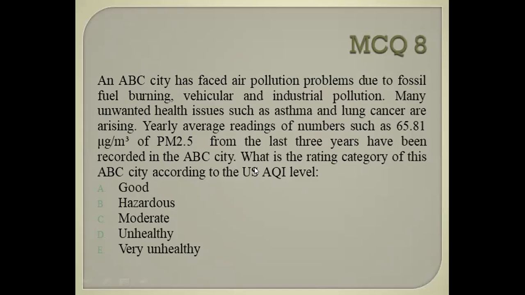What is the rating category of this ABC city according to the US AQI level? Good, hazardous, moderate, unhealthy, or very unhealthy. Unhealthy, because when the level of PM2.5 falls into 55 to 150 microgram per meter cube, it falls into the unhealthy category according to US Air Quality Index data.